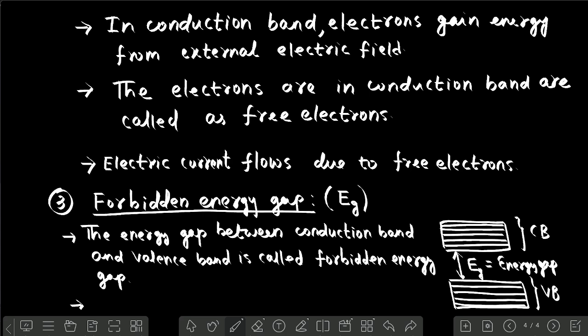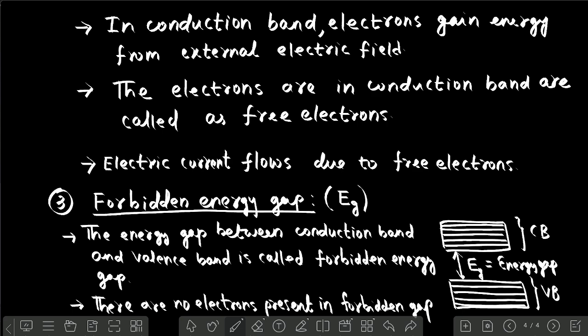So write: there are no electrons present in forbidden gap. Remember this.